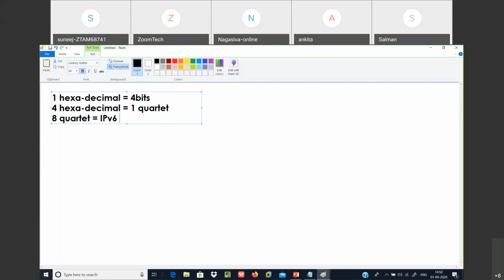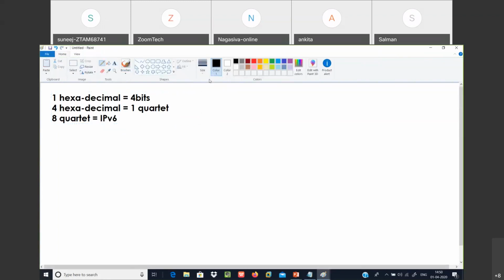For 3 points we'll discuss now. What's point number 1 here? Point number 1 is, 1 hexadecimal digit is equal to how many bits, right? 4 bits. So first let me write the hexadecimal numbers.